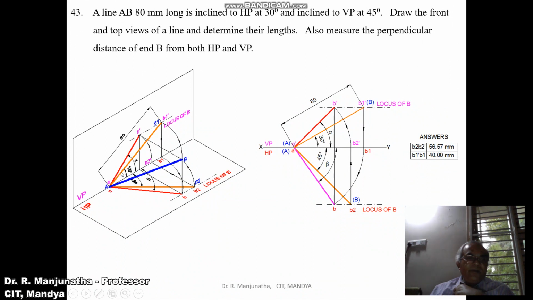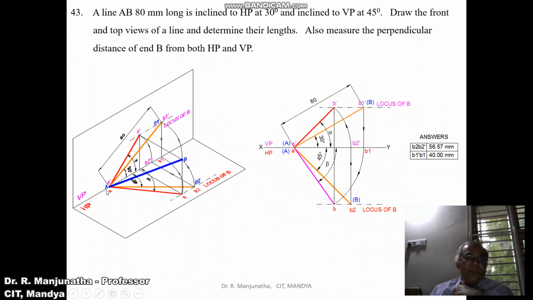If the front view line has to be in true length, its corresponding top view has to be parallel to XY. Here you can see AB1 is the top view, which is parallel to XY, so its corresponding front view will be in true length.